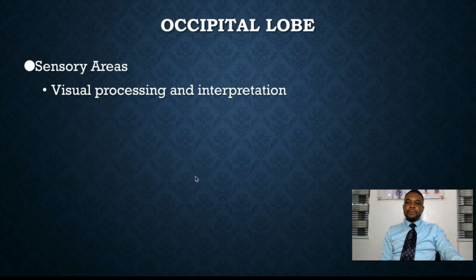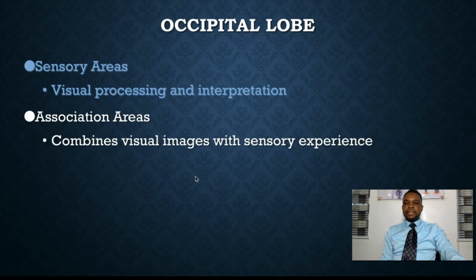The occipital lobe generally is responsible for visual processing and interpretation of visual impulses or stimuli. The association area combines visual images with sensory experience.